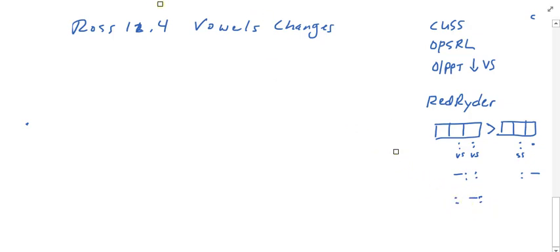So if I have a compound shava followed by a vocal shava, I still can't let those two be side by side. So what's going to happen here? Vocal shava is still going to shoot out an i, but it's going to just leave the pathach there. And then I'll get the silent shava as well. All right? So these are going to be the three scenarios I have, but these are all applications of the Red Rider problem. So we're going to see that going on as well.